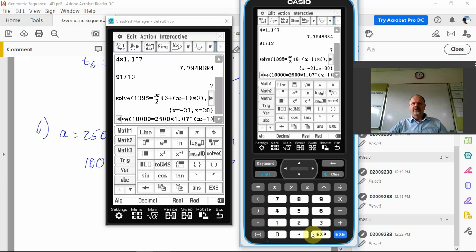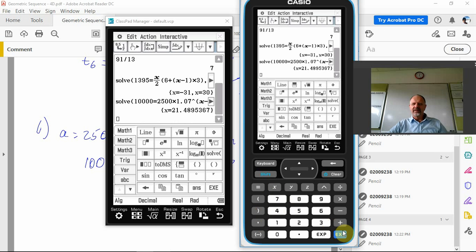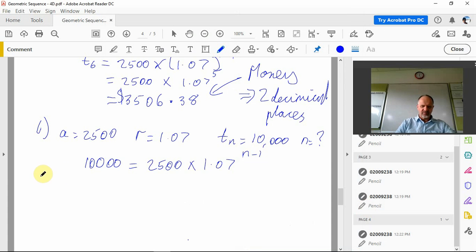All right, so you want to make sure that that power is x minus 1, so make sure you put the bracket around that. Solve that for x for me, please. And there we are, 21.49 years. So N equals 21.49.